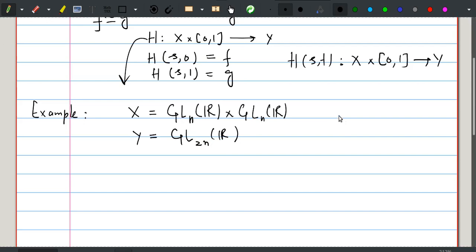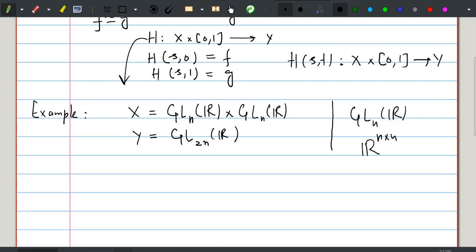Note that this GL_n(R), the set of all n cross n matrices which are invertible, is identified as the topological space R to the power n cross n with the usual topology, and the topology on this GL_n(R) is the intuitive topology on R to the power n cross n.